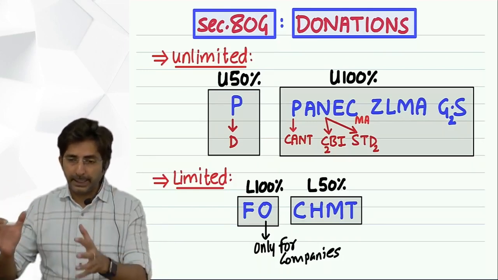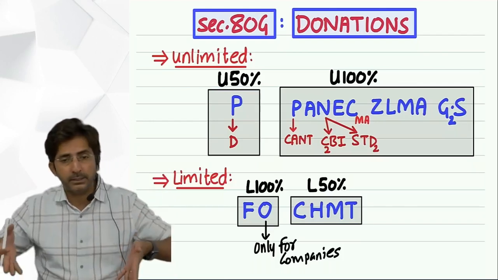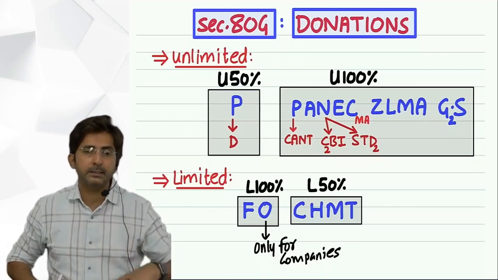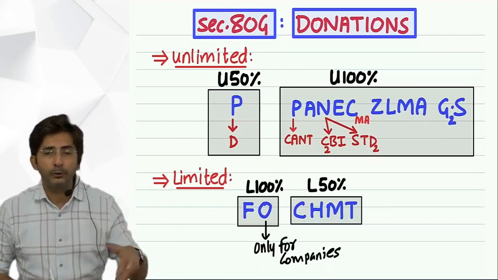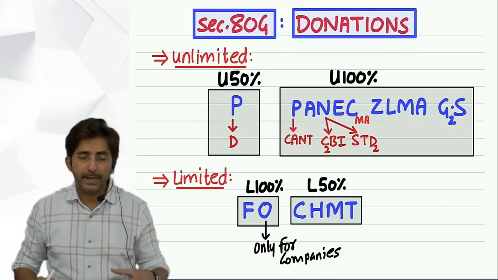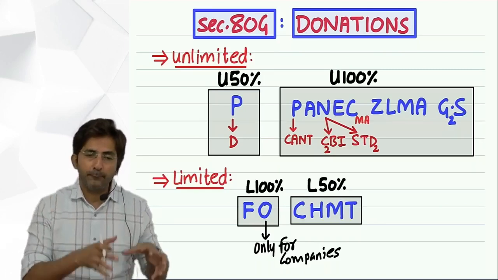In a state, the head is the Chief Minister. For the country, the head is the Prime Minister. But for Union Territories like Andaman Nicobar, Daman Diu, the head is called Lieutenant Governor. The Lieutenant Governor Relief Fund is collected for the benefit of that area.